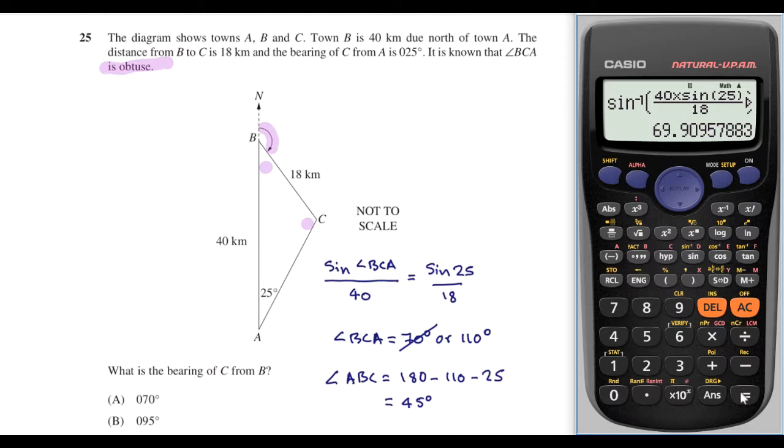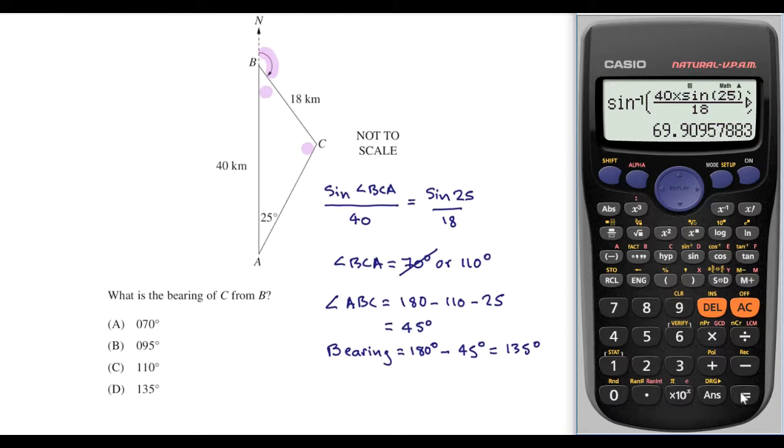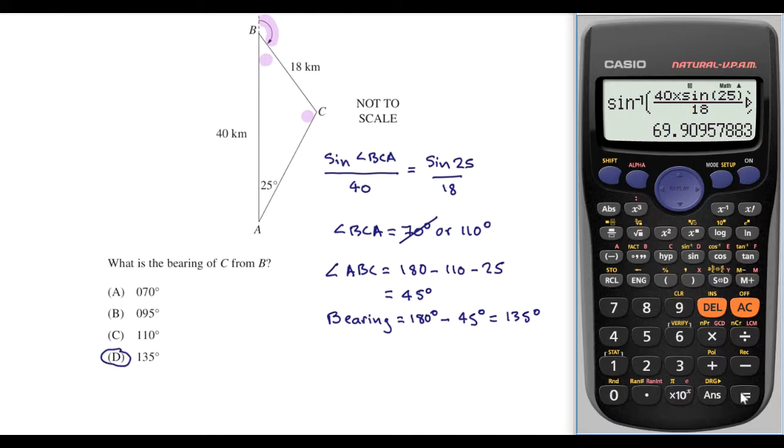Now we know the angle is 45 degrees, the bearing is equal to 180 degrees, the angles in a line, minus 45 degrees, angle ABC, which equals 135. Which is answer D.